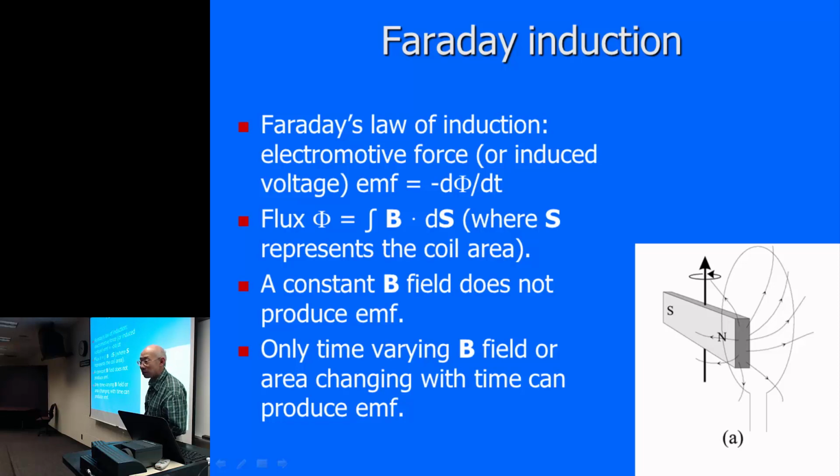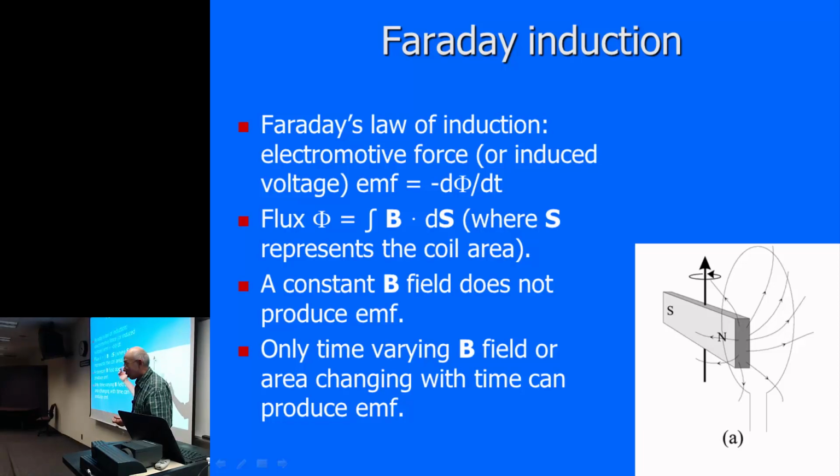It's not going to happen that way. Nature doesn't work that way. You're not going to produce energy from nothing, unless we're really talking about quantum mechanics. But in the classical world, it doesn't happen that way. So that's why that negative sign is important.